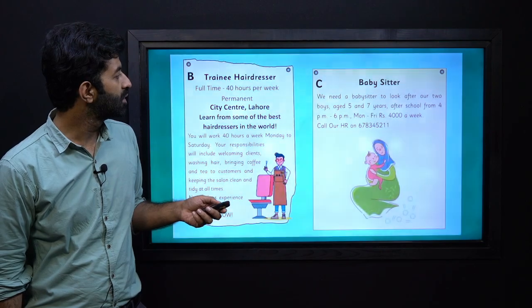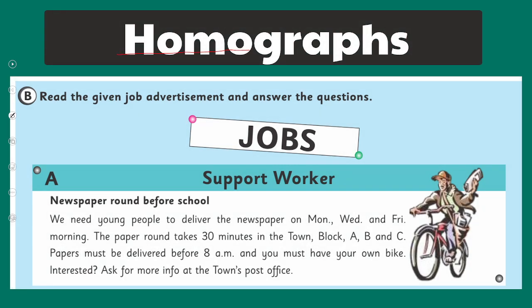Now, students, here, this is written by mistake. We have the advertisement from your book. Now, read the given job advertisement and answer the questions. We have number 1, support workers.